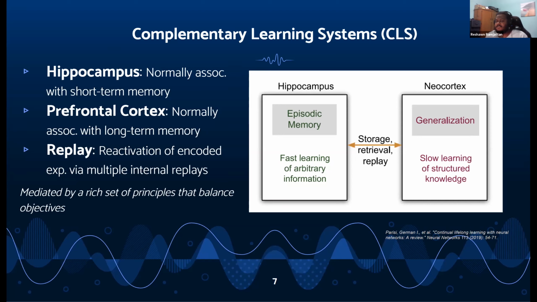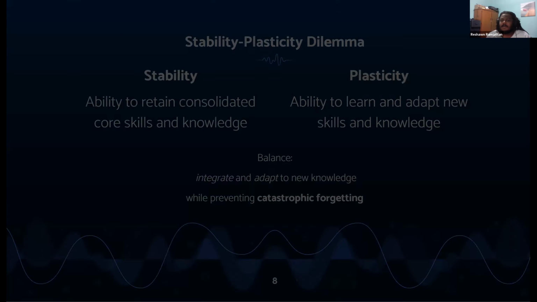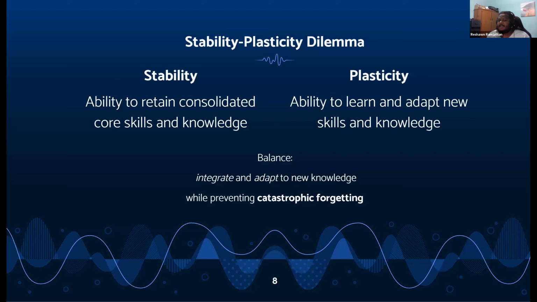So we have these two systems that use a rich set of principles to balance two objectives. And these two objectives are stability and plasticity. Stability refers to our ability to remember important core knowledge and skills, while plasticity refers to our ability to learn new things and take advantage of what we already know to adapt to new things or learn them quicker.